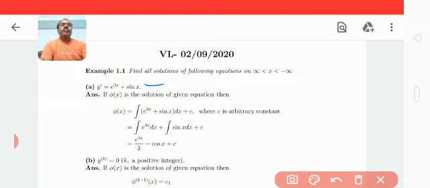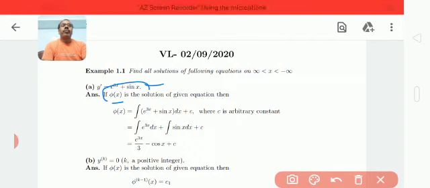We obtain its solution as a function phi of x. So for that we integrate the given differential equation. The integral of y dash, the derivative, which is phi dash at x.